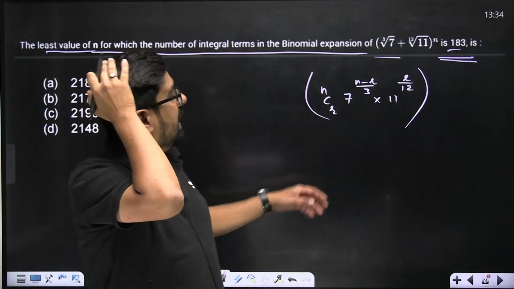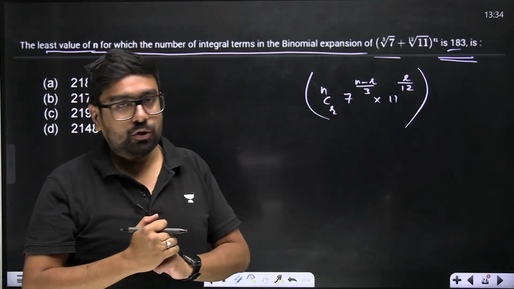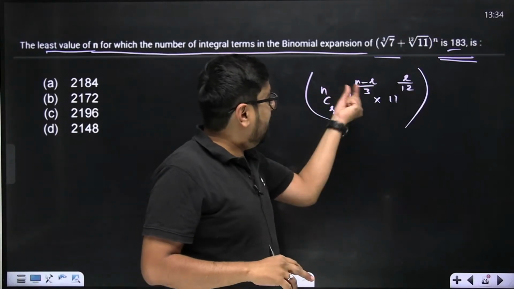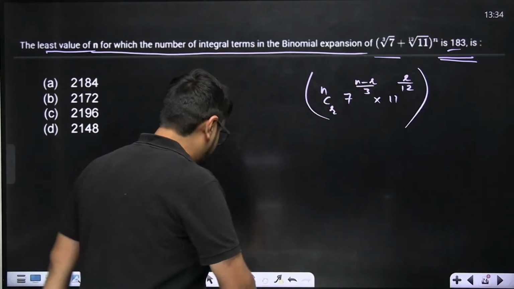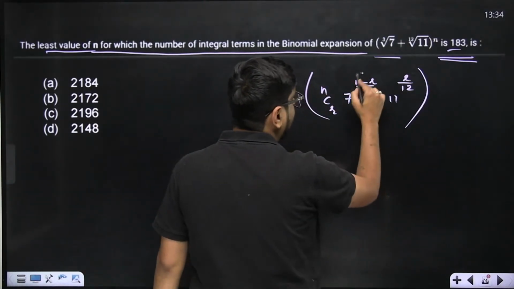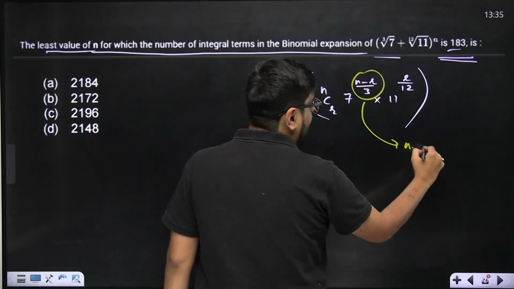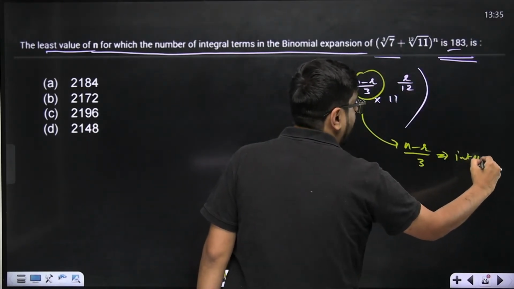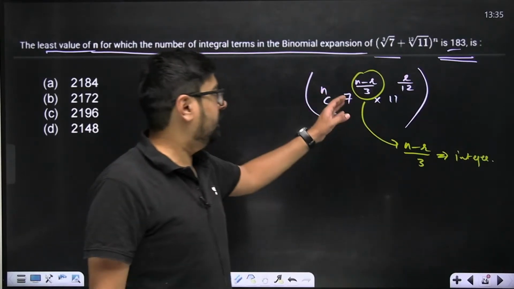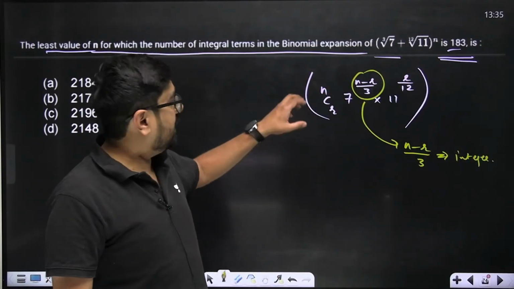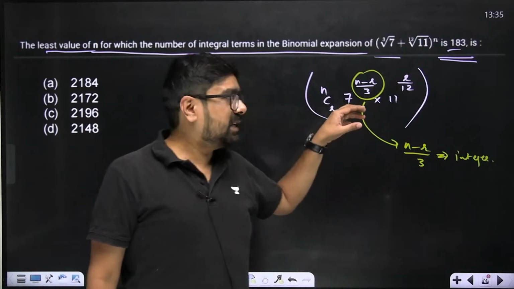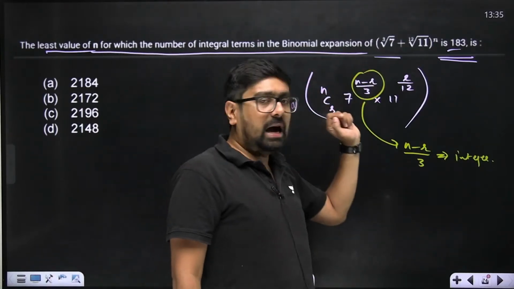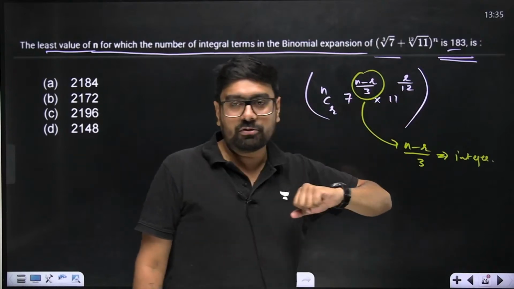Now it is saying that the number of integral terms should be equal to 183. For integral terms, if you pay attention, this complete (n minus r) by 3 should be an integer.